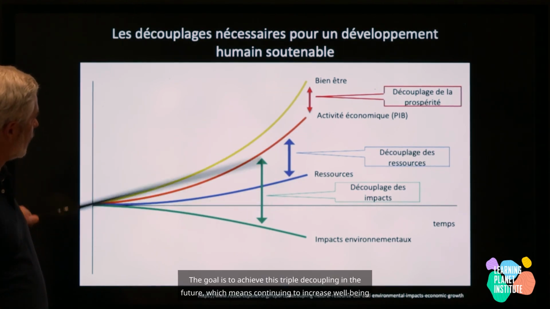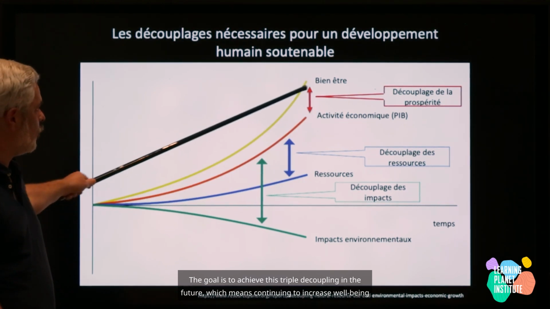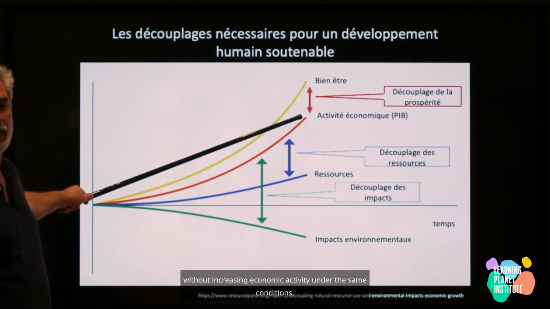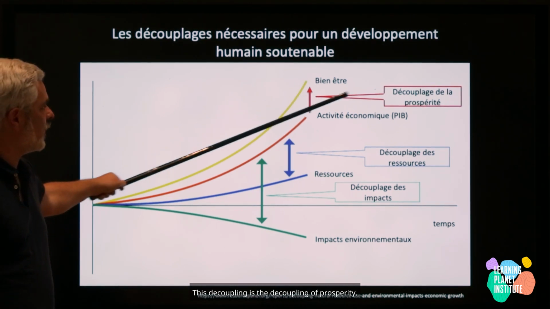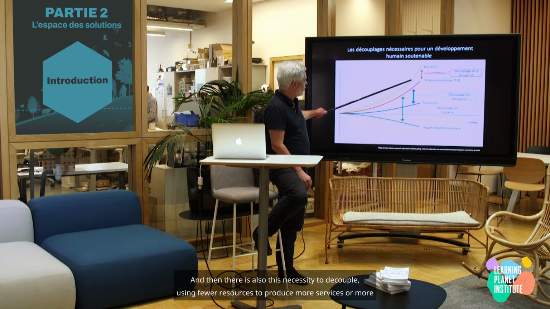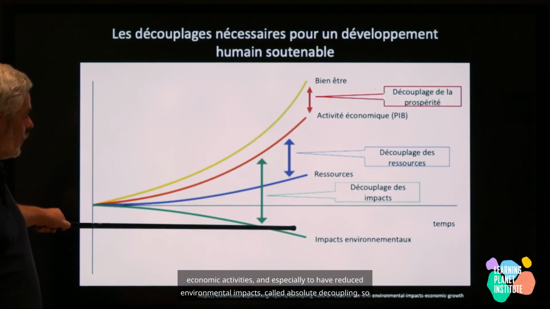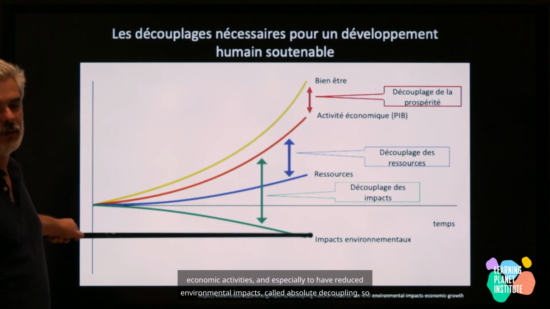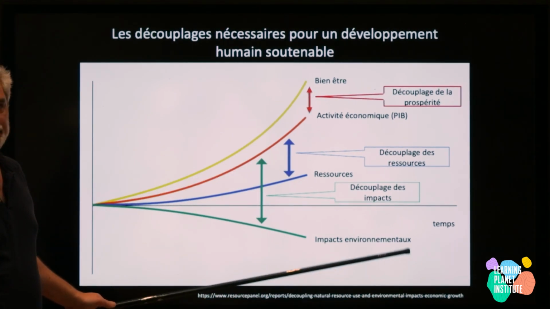The goal is to achieve this triple decoupling in the future, which means continuing to increase well-being without increasing economic activity under the same conditions. This decoupling is the decoupling of prosperity. The next part of the course will be on this section. And then there is also this necessity to decouple, using fewer resources to produce more services or more economic activities, and especially to have reduced environmental impacts, called absolute decoupling, so that we can stay within the planetary boundaries.